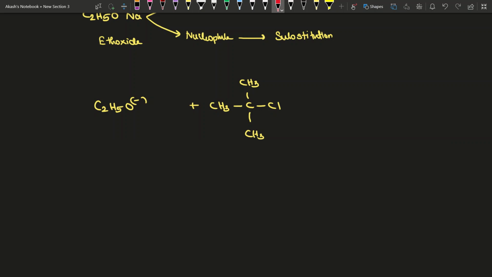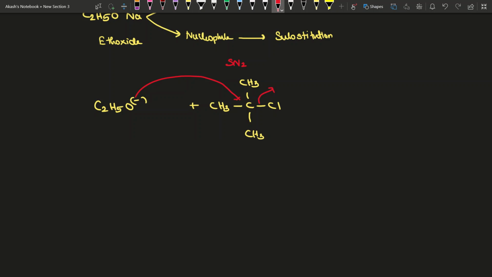Why is this carbon electrophilic? Because it is attached to an electronegative chlorine atom. Due to the presence of the electronegative chlorine atom, there will be a partial positive charge on this carbon. Due to that, this nucleophile can easily attack here. If the nucleophile attacks this carbon, this bond can cleave. That means it will follow the substitution nucleophilic bimolecular mechanism.